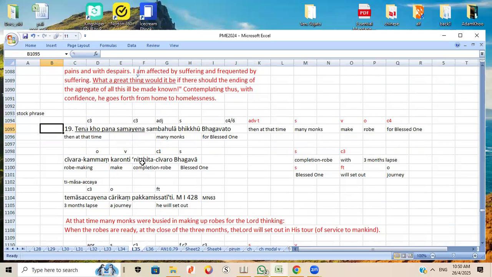So the next line, Nita Jivaro. Can you see the word? This one is a long Jivara. This is O, that means it's a nominative singular. Here Nivita is a PPP, a completion of the rope. In this case, you can say rope completion or completion of the rope, whichever.